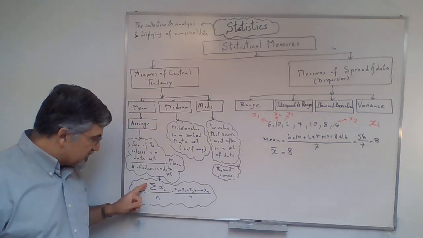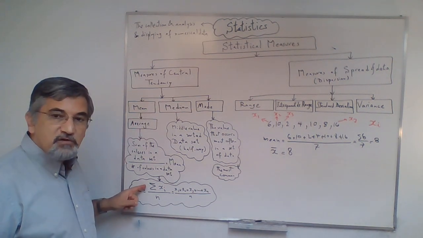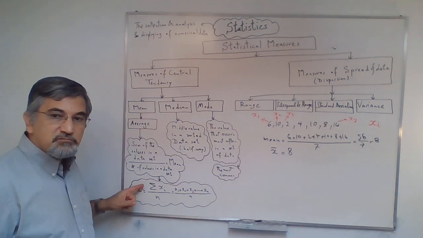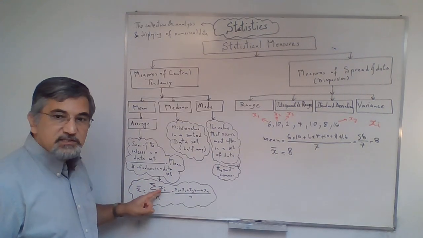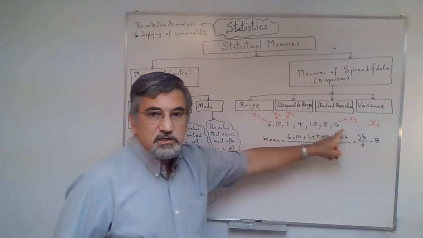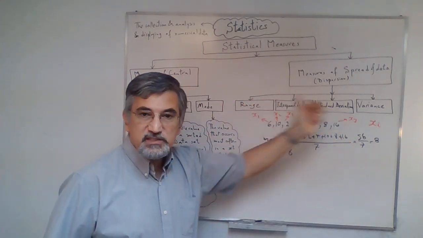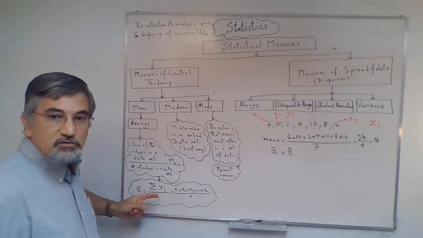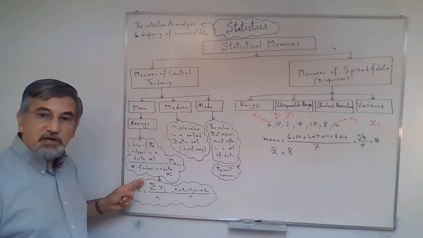So this symbol you see here is the letter sigma from the Greek alphabet, and in mathematics it means sum or total. So when I'm writing sigma x sub i, it means the sum of all these data values, the sum of x1, x2, x3, up to x7. That's the mathematical notation. After all, this is a senior course, and we have to learn about this stuff.